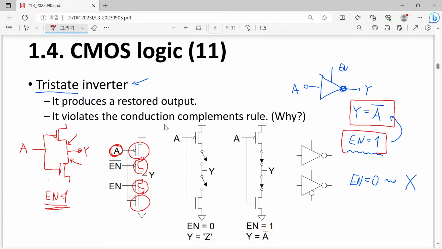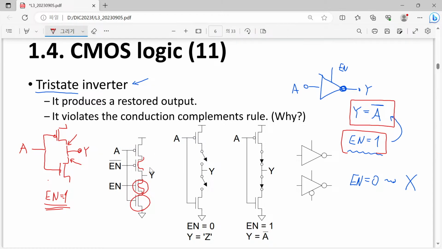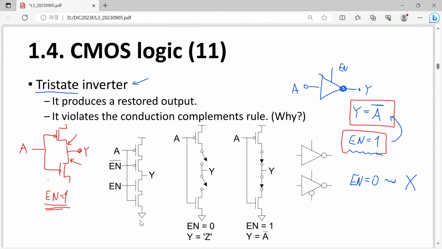Then now let's go to the other case. The enable signal now becomes logical value 0. What will happen? Now this one is turned off. At the same time, this one is always turned off. So from the viewpoint of our output node Y, it now has no conduction path toward VDD or ground.